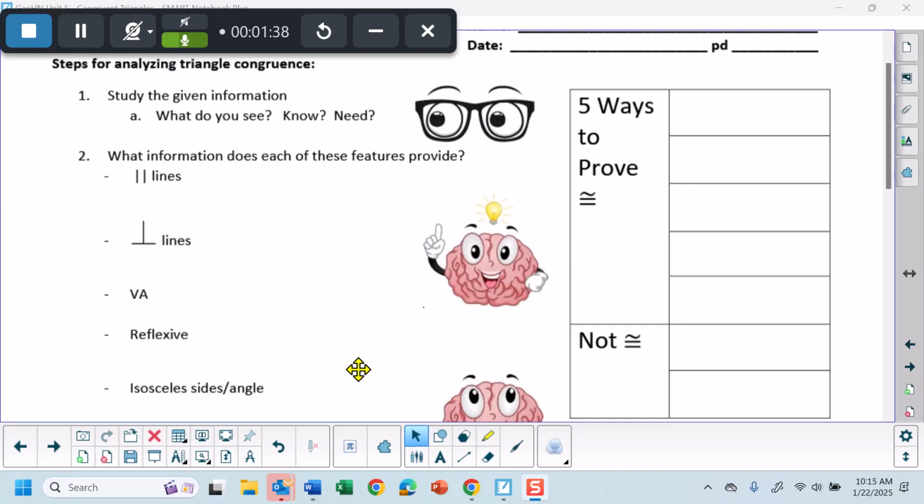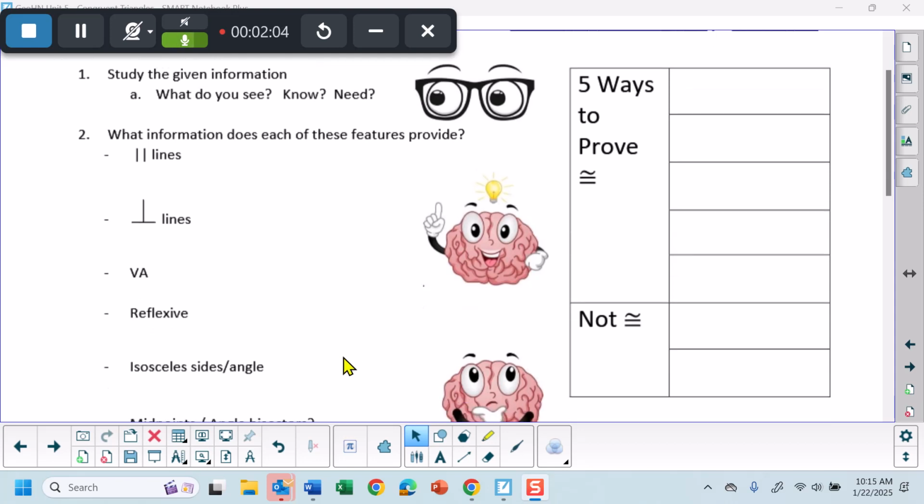And usually that's what our given is. What I know, what can I get from that given? For example, parallel lines give you alternate interior angles. A diagram might give you vertical angles. A right triangle might give you congruent right angles. So there's a difference between what's given and what I can figure out on my own.